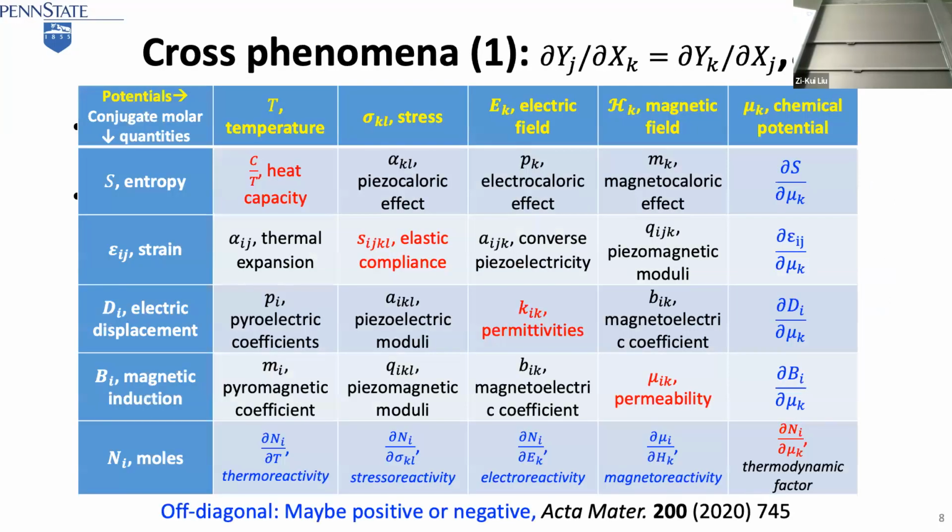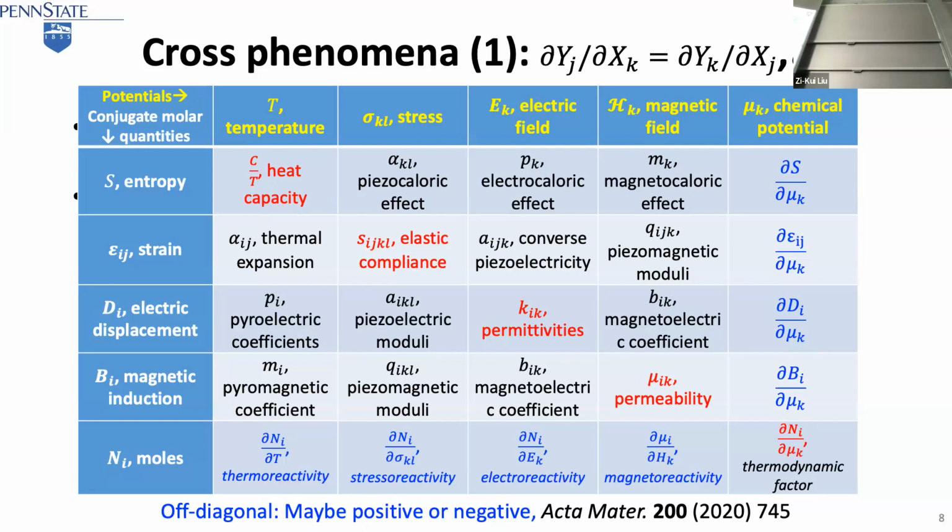All right. So I do want to mention that all the properties come from free energy, right? In the free energy, in the thermodynamics, there are two types of parameters. One is called potential and one is called molar quantity. Together they are called conjugated variables. Have you heard of that one? P and V are a pair, right?